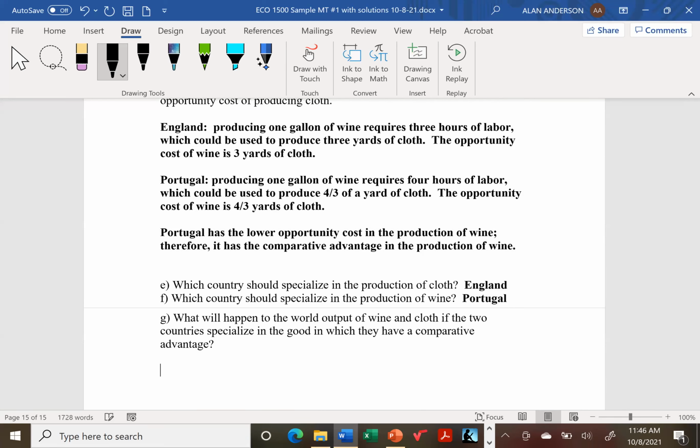Now, what will happen to the output of wine and cloth if they specialize in the good in which they have a comparative advantage? Well, we don't have to calculate the exact amount, but the total output of both wine and cloth will increase if each country specializes in the good in which it has a comparative advantage.